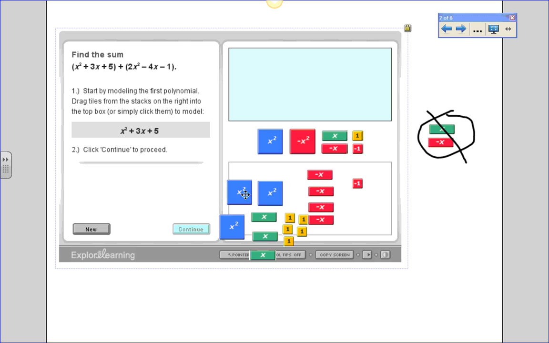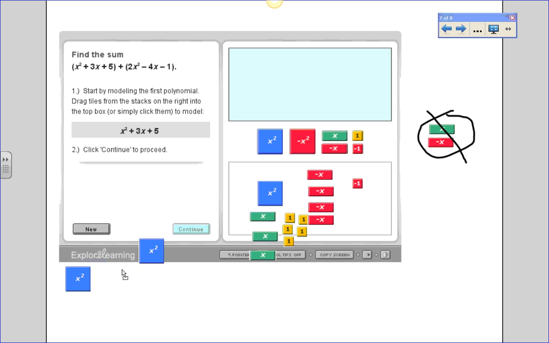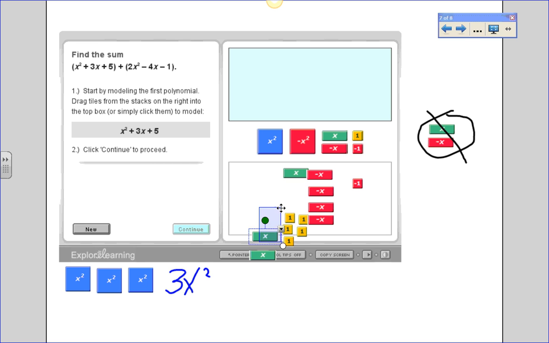So let's see. I wouldn't count these x's with the x squareds because they're not the same kind of tiles. So they're not like terms. So putting these all together, I see that I have 3 x squareds. I have 1, 2, 3 x's, but I also have 4 negative x's.